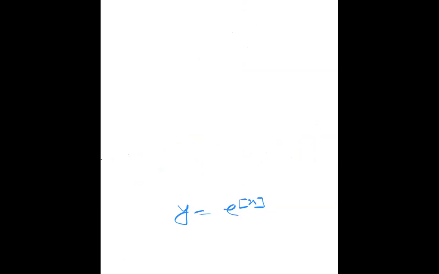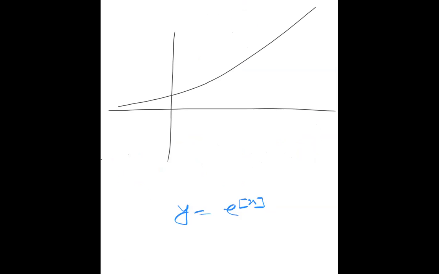What you have to do, first draw the graph, right? 0, 1, 2, 3, 4, 5, minus 1, minus 2, I guess, right?